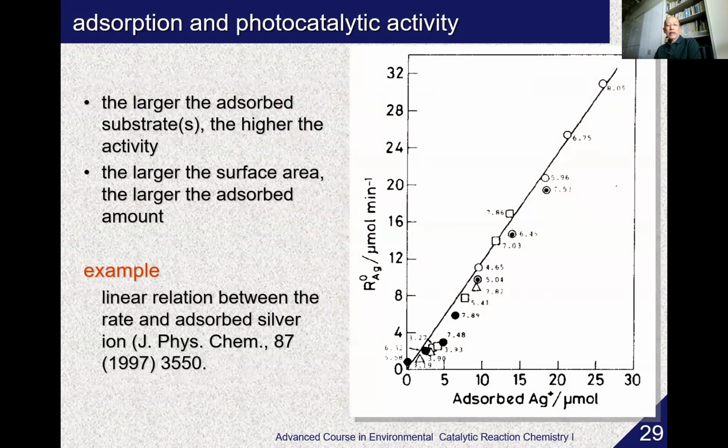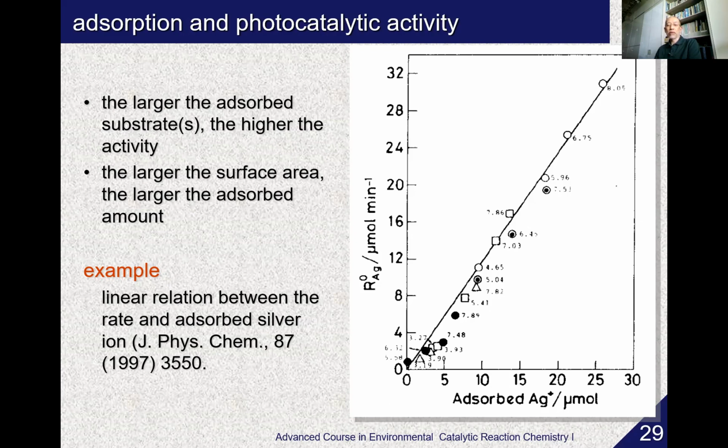And these are the results from our laboratory. The rate of silver metal deposition, that is, silver metal is deposited on the surface of titanium oxide under photoirradiation. And the rate of this silver metal deposition is plotted as a function of the amount of silver ion, that is the starting material.